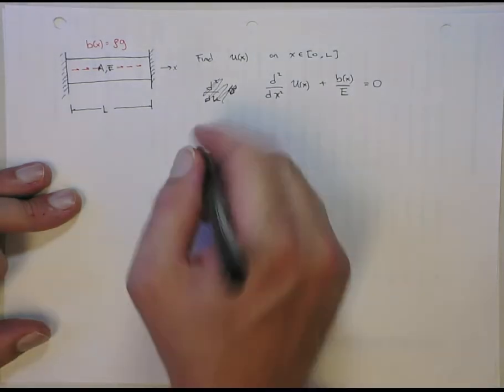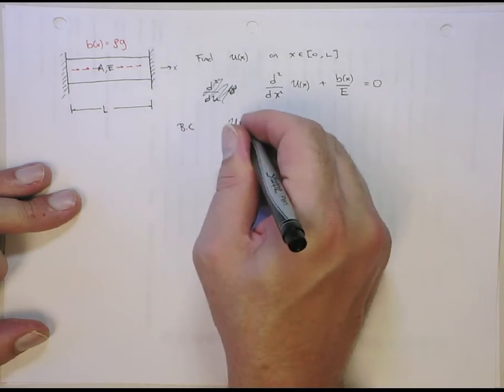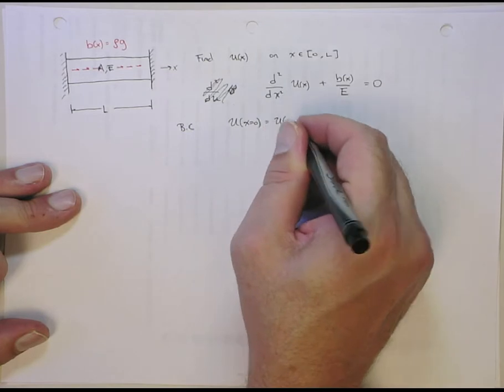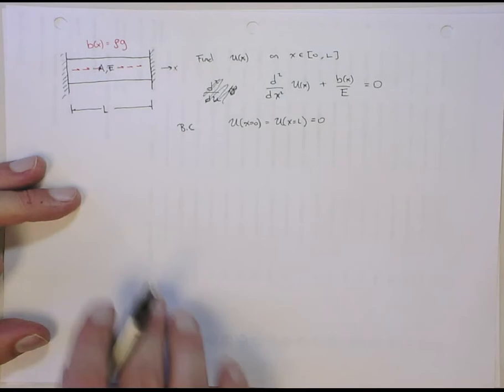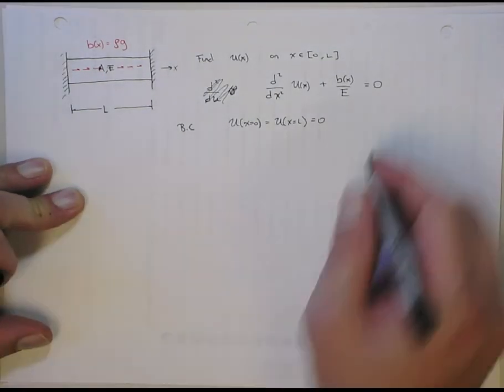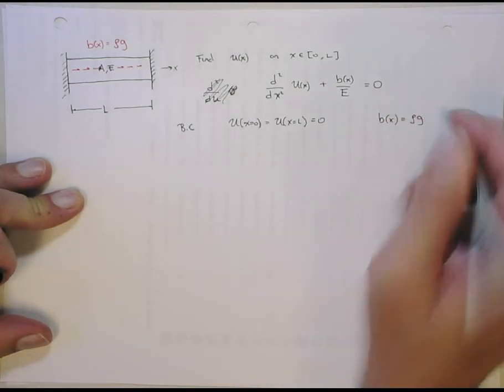And in this case, the boundary conditions are two. The displacement at x equal to 0 has to equal the displacement at x equal to L, and they have to be equal to 0. It's fixed at both ends. Okay? All right. So we know that b of x in this case is just rho g.